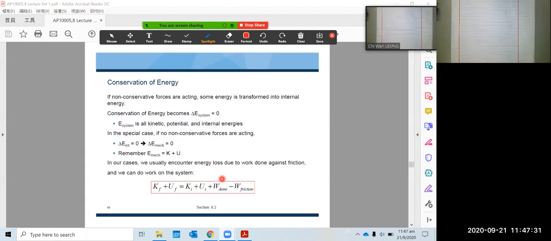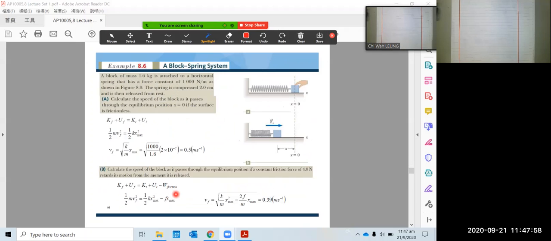And the conservation of energy is just the consideration of the initial and final mechanical energies, at least for now. The initial energy plus the external work done minus the work done against friction would be equal to the total mechanical energy due to various components.